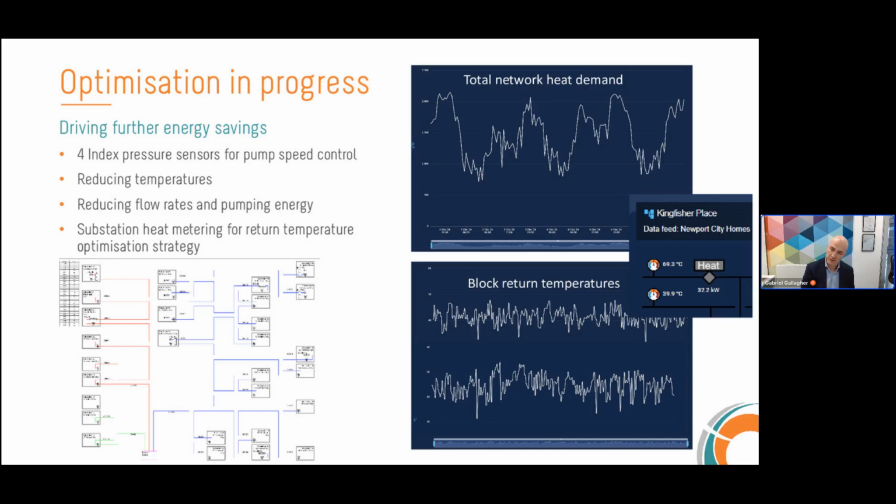There are some blocks that are performing better than others, so now the data's coming through, we can start targeting and getting all the blocks, all the main substations into good operation.